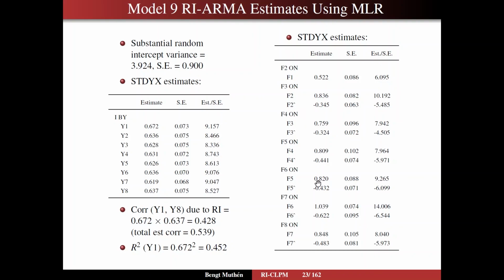And the fact that you have negative throughout here then invites MEAR, that is measurement error modeling, where there is a certain equivalence between this model, RI-ARMA, and a measurement error version of it, as discussed in the Asparouhov-Muthén 2022 RSEM paper.